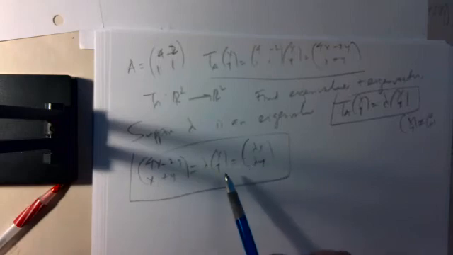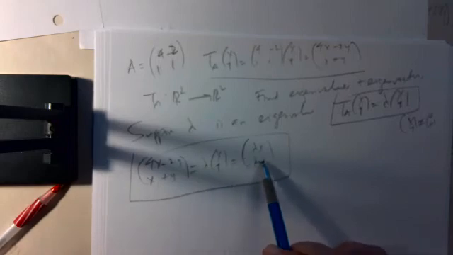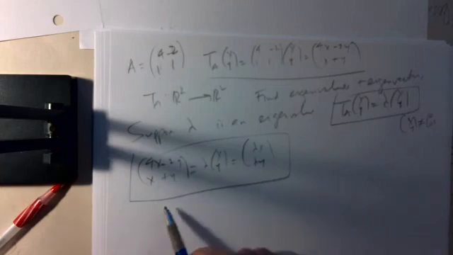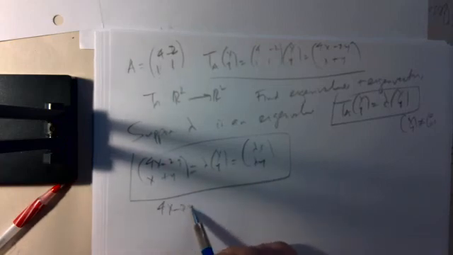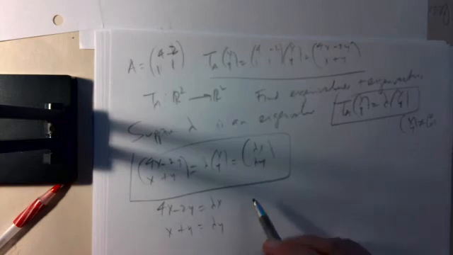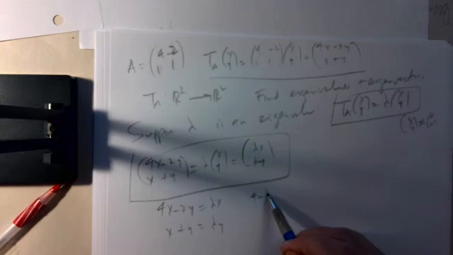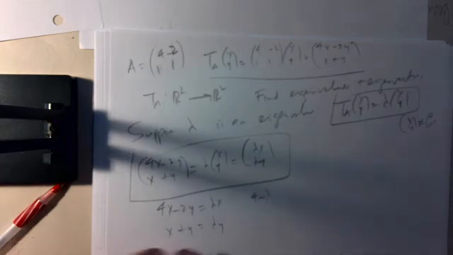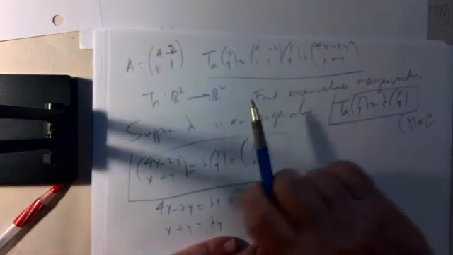So we actually have to find 3 different numbers, lambda, x, and y, to satisfy this. So 4x minus 2y equals lambda x, and x plus y equals lambda y. Let me bring everything over to the other side.